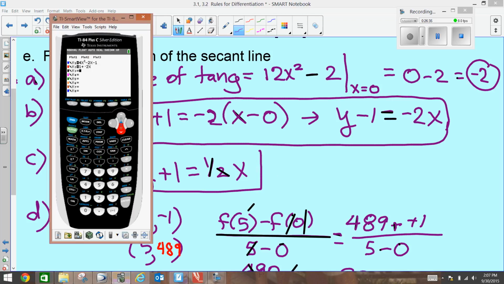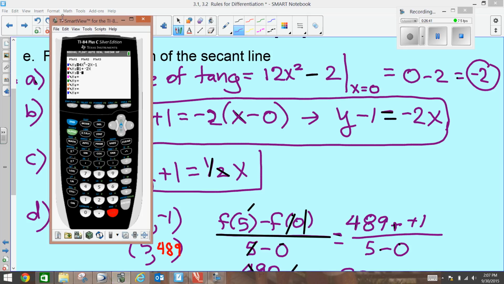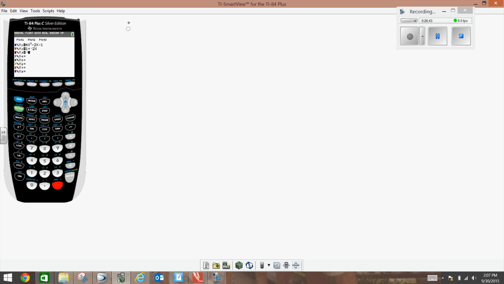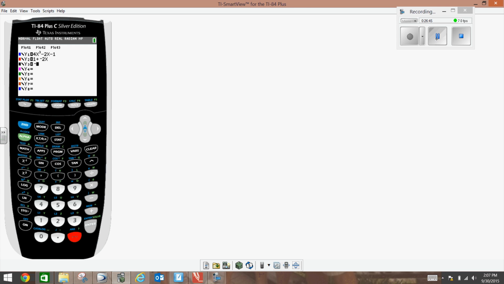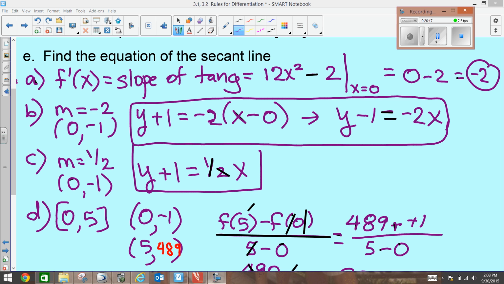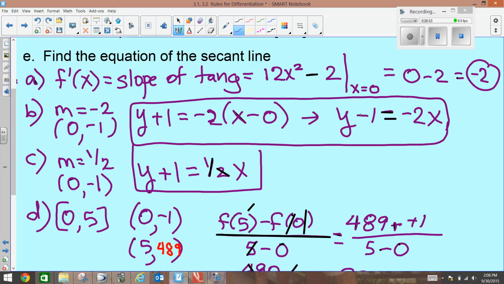Negative 1. That's not right anyway. Okay, did y'all catch that? This is supposed to be plus.